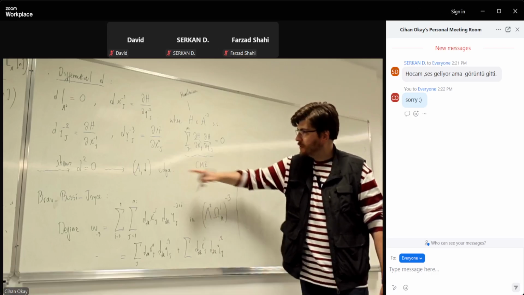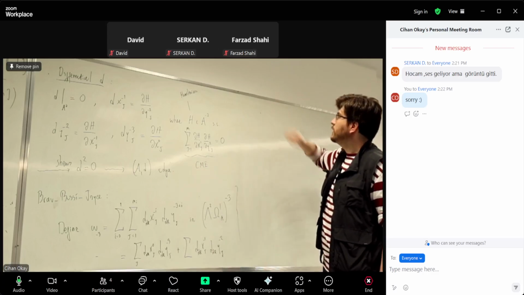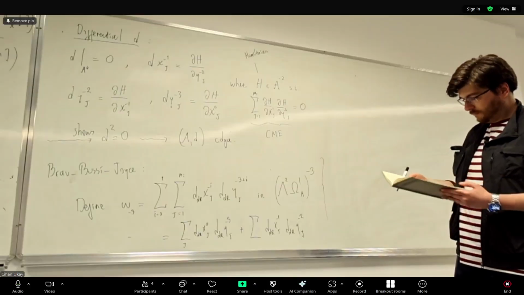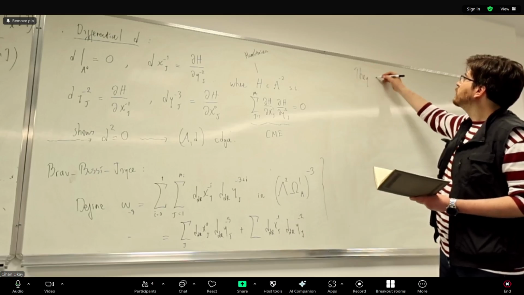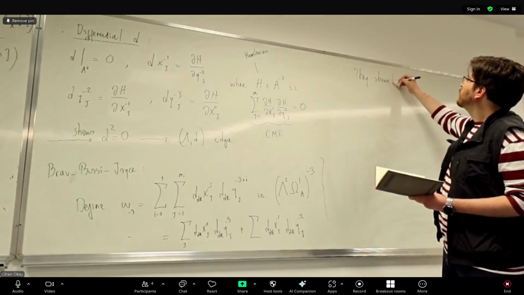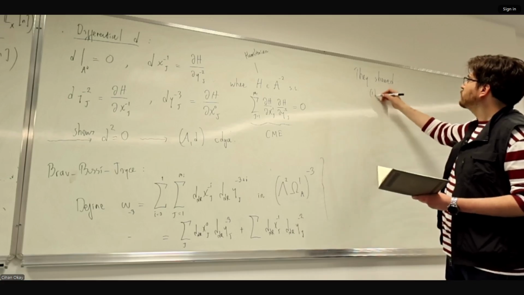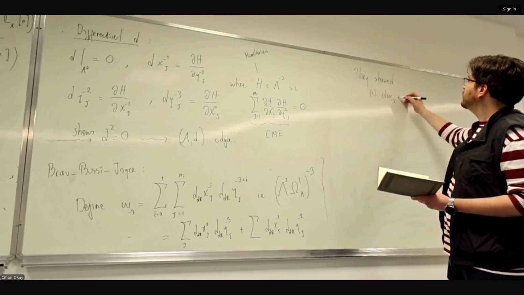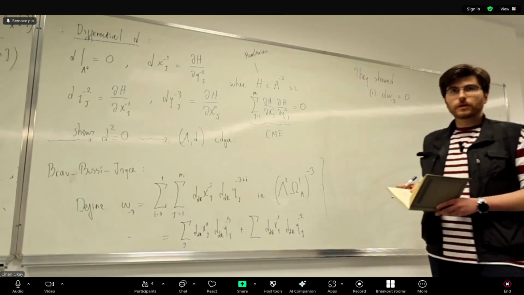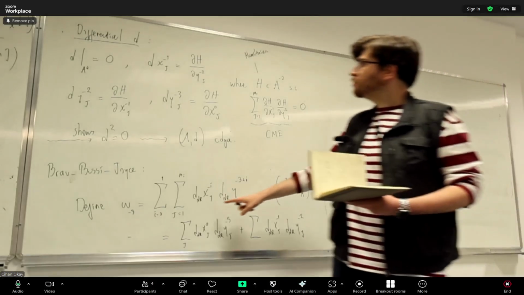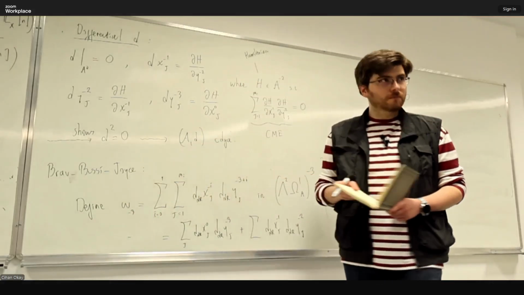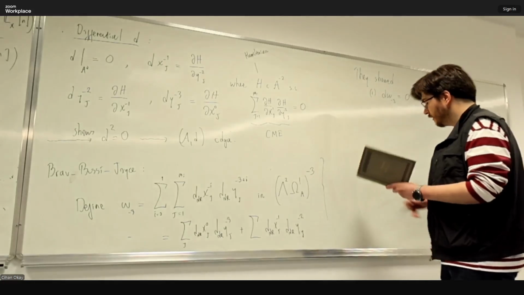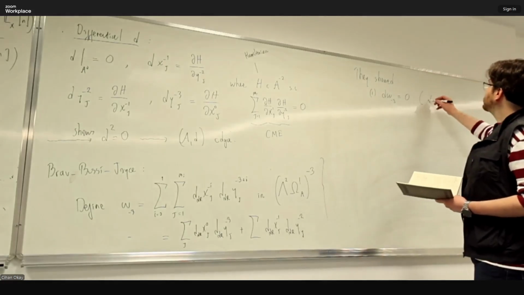And now they show the following. They show that actually, first of all, d omega minus 3 is 0. Okay, so therefore you should show that this is actually an honest minus 3 form. Because this one is clear.